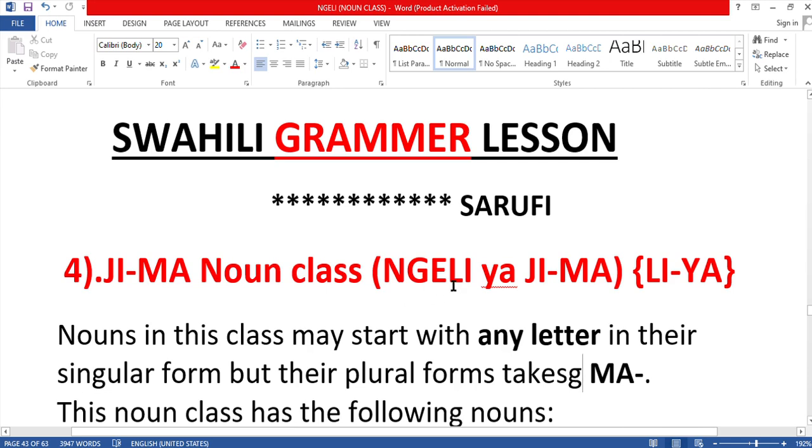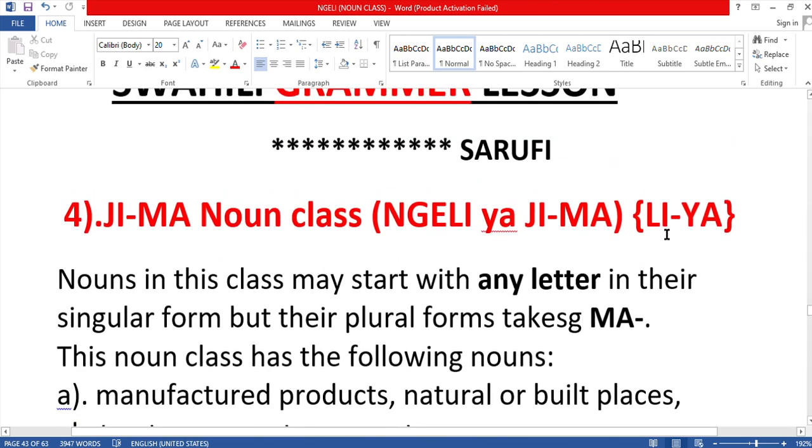Liya is the classification according to vowel harmony, so both names are used. You can refer to this class as Jima or Liya. For Liya, the class is based on vowel harmony, like how these nouns agree with other types of words.